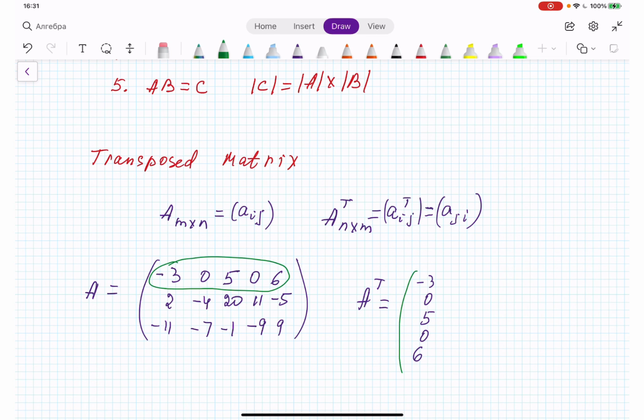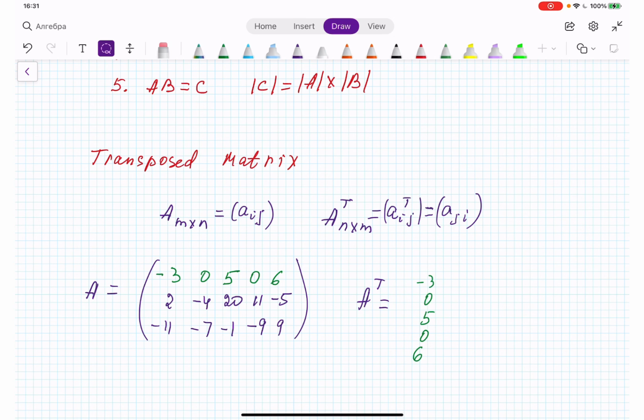Okay. Next, I'm taking the second row, and it's going to become the second column. Maybe it would be better if I just change the color of the numbers themselves. I think it would be better than making a mess with this highlighting, with this framing. This is going to be green. Yeah, of course, this is going to be better like this. Much cleaner.